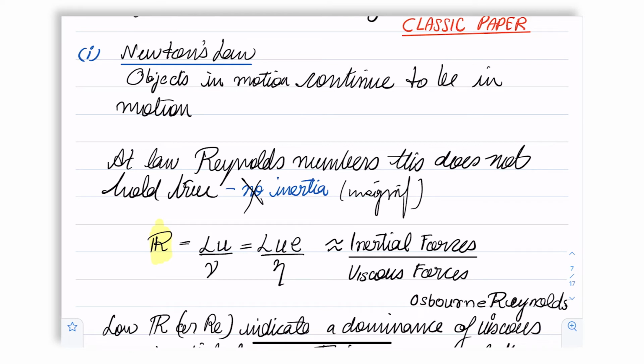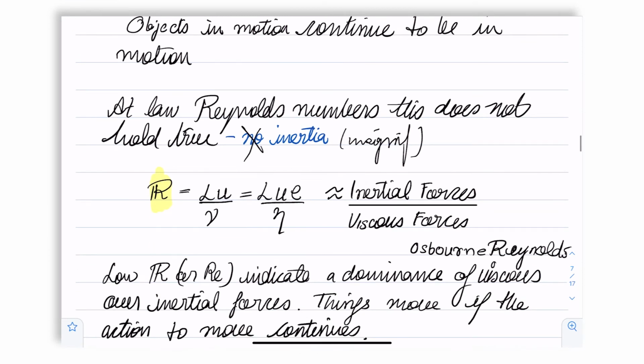And of course, the R itself is attributable to Osborne Reynolds. He used it for flows to decide whether they're turbulent or not. But Purcell found that low Reynolds numbers indicated dominance of viscous over inertial forces. And he then went on to discuss what that means for single-celled organisms.